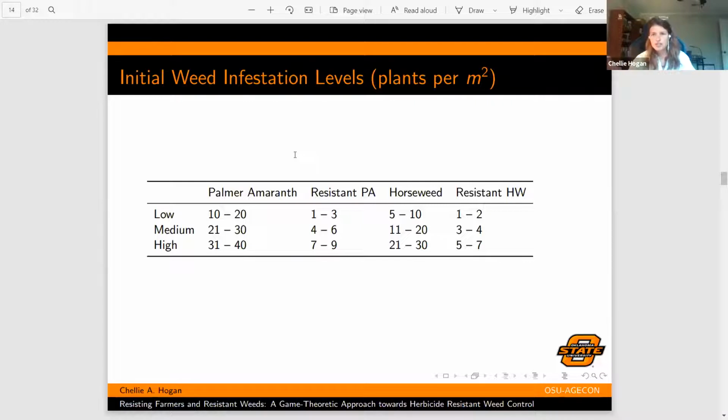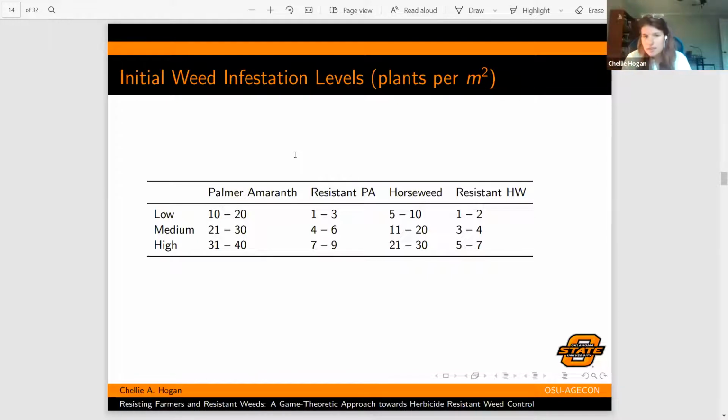So when I initialize the crops in Almanac, I also have to initialize the weed populations. And so we needed to designate some kind of low, medium, high levels of weed infestation initially in a field. And so I had to initialize 4 separate populations of weeds, if that makes sense.